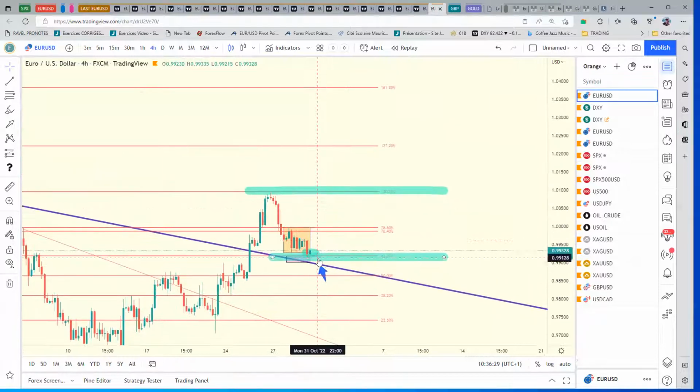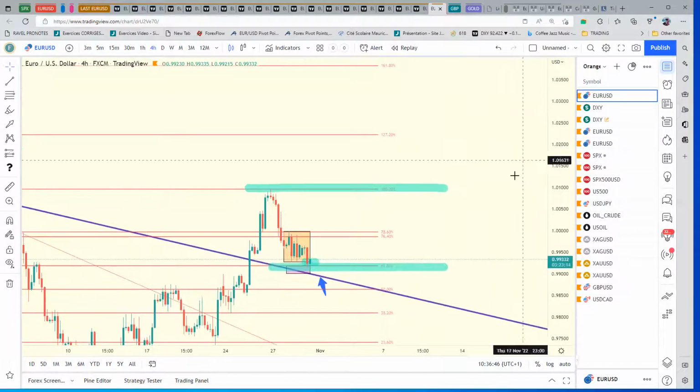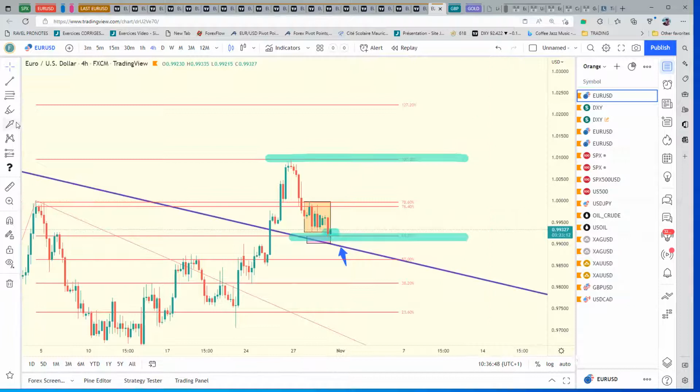In that case, and if that happened today, especially with the end of month, we would bounce and have a target at the 127.20 extension here, which is the same fib as we always have. So it's important to keep that in mind.